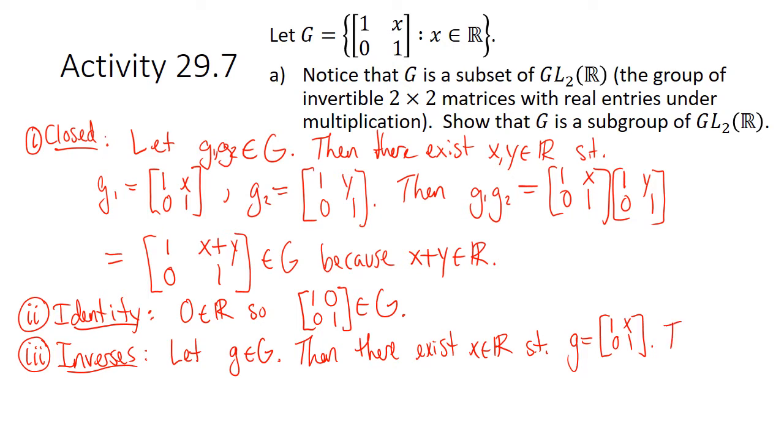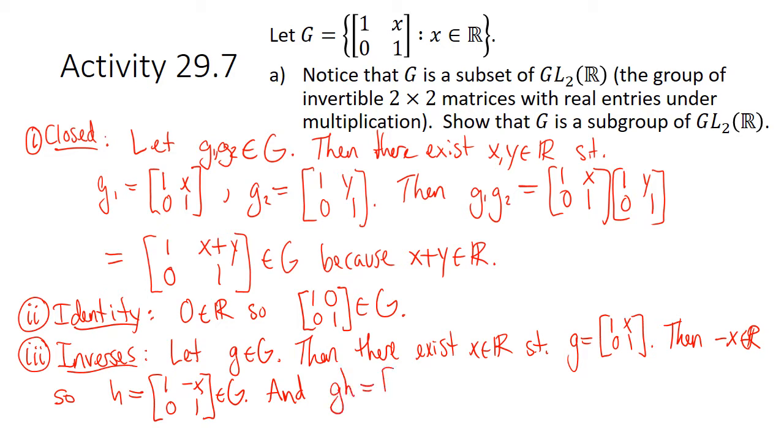Then negative x is also in the real numbers. So I'll call this h: h equals the matrix 1, negative x, 0, 1. h is in G, and gh is going to equal, just like we showed in part 1, x plus negative x right here, which is going to give us the identity matrix.